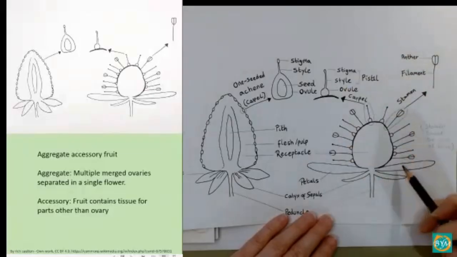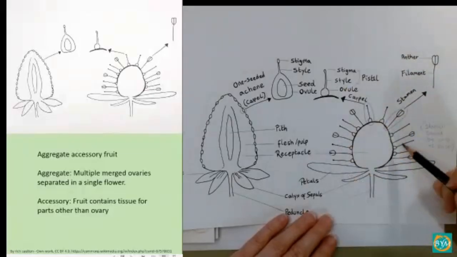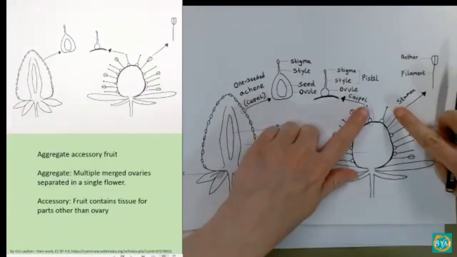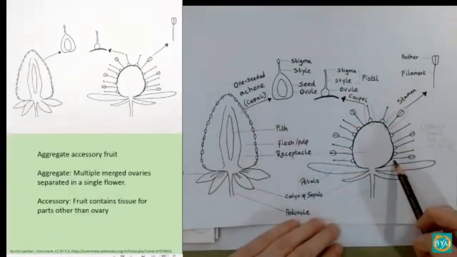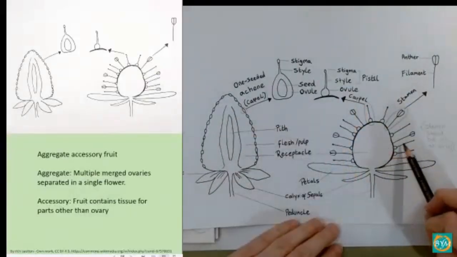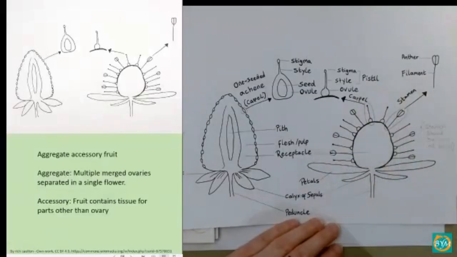And interspersed with those, we also have the stamen, but actually I've drawn them a little bit high up. They should be sort of more at the base of this structure, not up here. I got carried away. But we've had stamen in here as well.